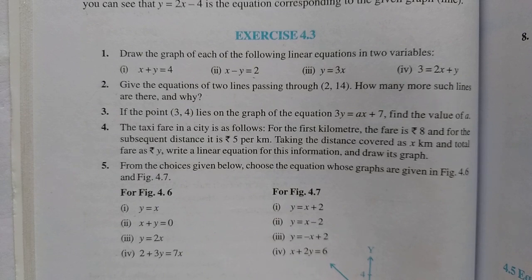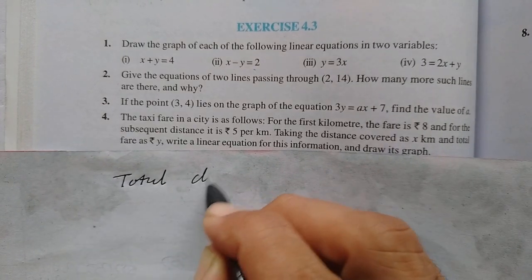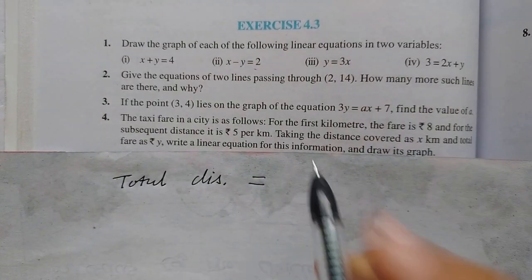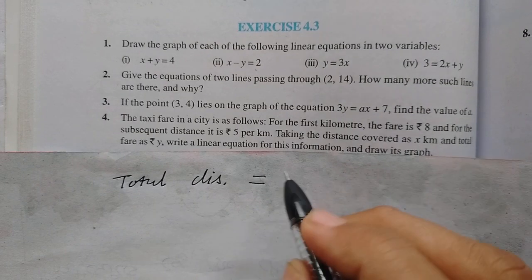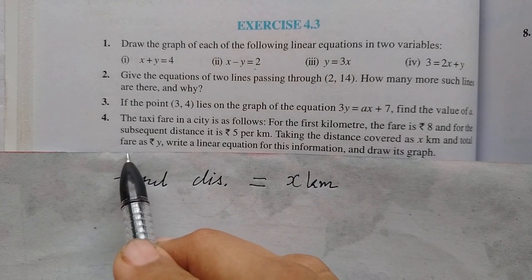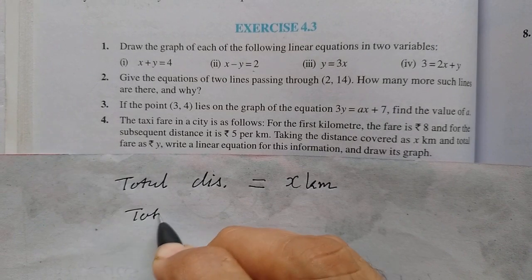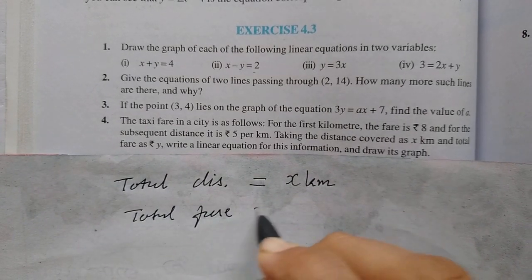Let us understand. Now, children, total distance, taking the distance covered x kilometers. So, x kilometer is total distance. What is total fare? It is given, and the total fare is rupees y.